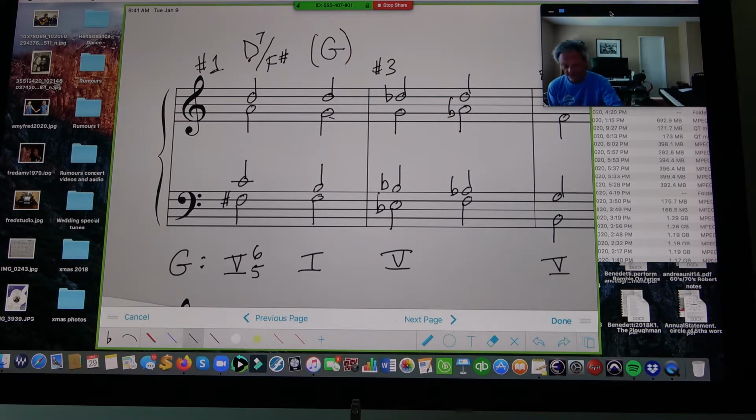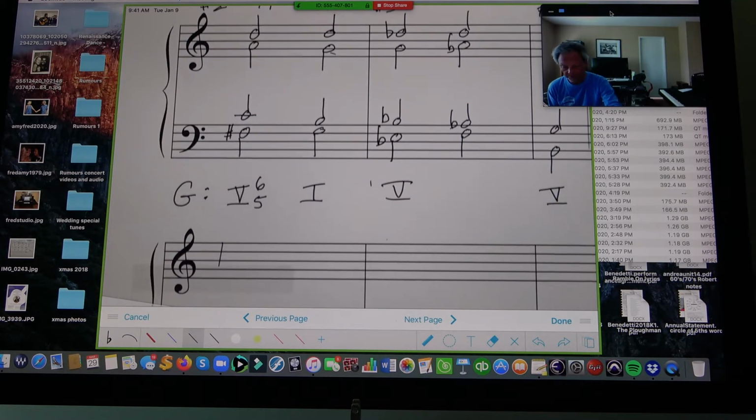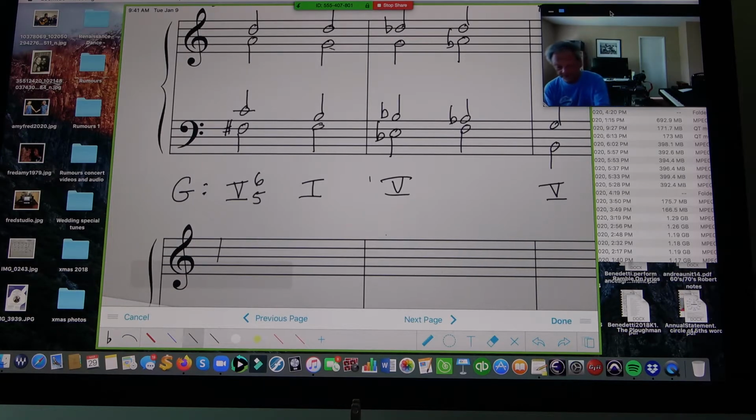So then, if you remember the different possibilities, there was category A equals circle, 7th resolves down.